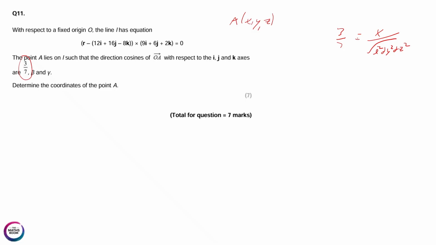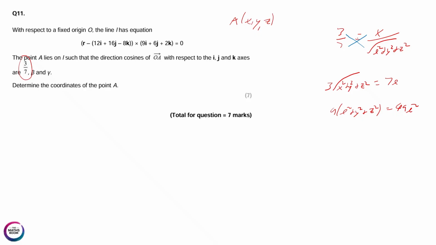Now, we're trying to find x, y, and z to find the point A. I'll just cross multiply first. So we get 3 root x squared plus y squared plus z squared, a bit neater, that equals 7x. Square both sides. You get 9 lots of x squared plus y squared plus z squared equals 49x squared.